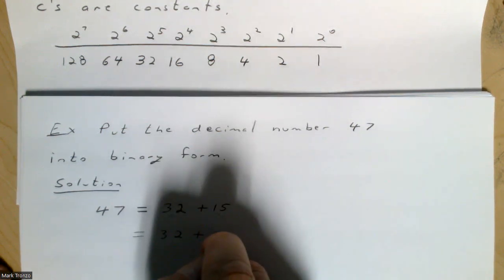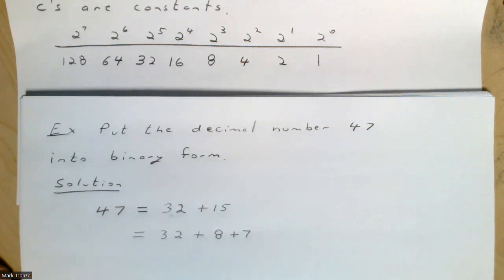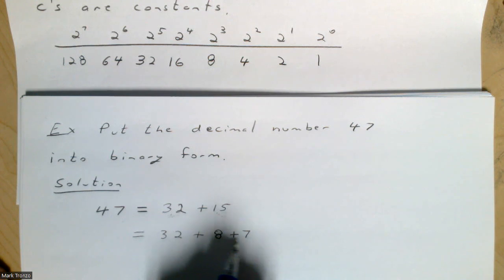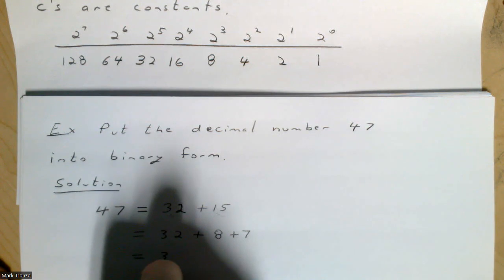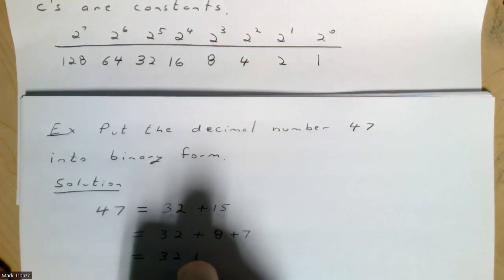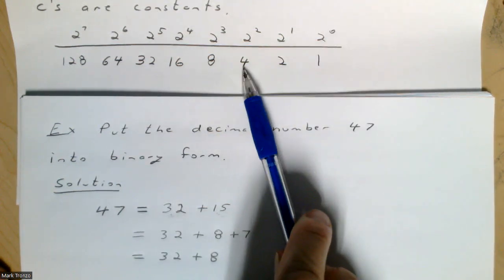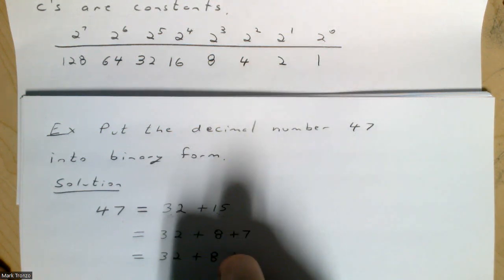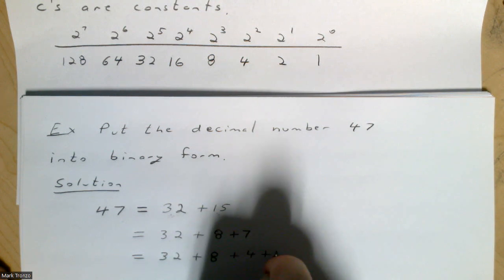So let's take that out. Again, I'm working with 15 now. And then what's left over is 7. So this is the power of 2. This is the power of 2. Now keep going. Do the same thing with 7. So what's the biggest power of 2 we can take out of 7? 8 is bigger, so 4 is going to be the biggest one. So 4. And then what's left over is 3.